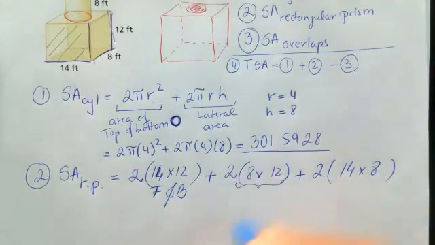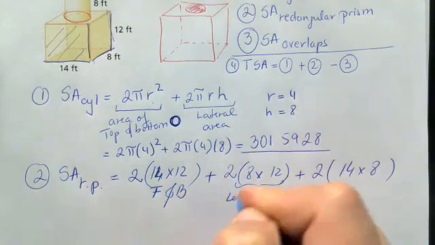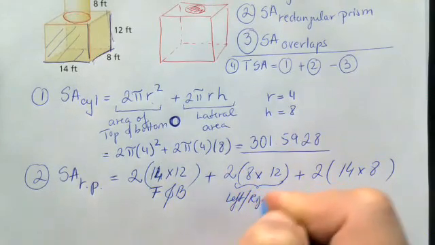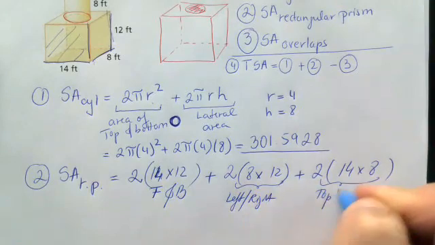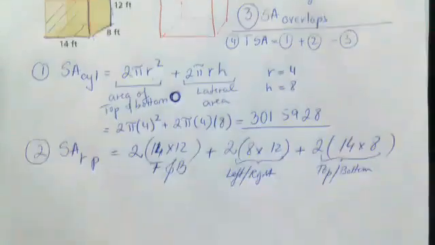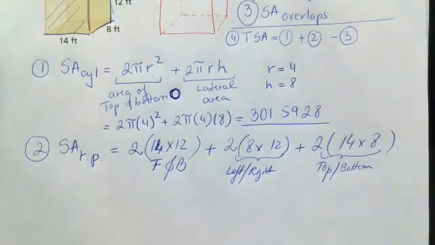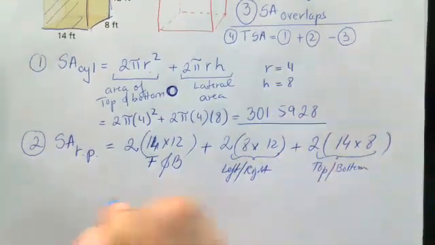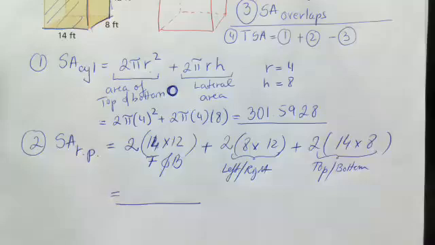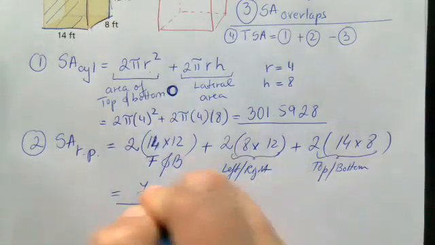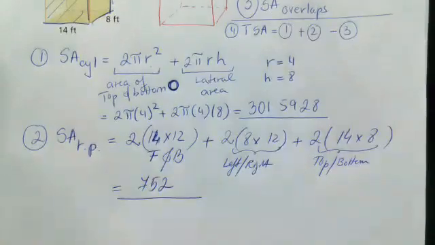So this calculation is for the left slash right. And this calculation was for top slash bottom. Okay, so let's see what we get for the surface area of the box. Perfect, yes.